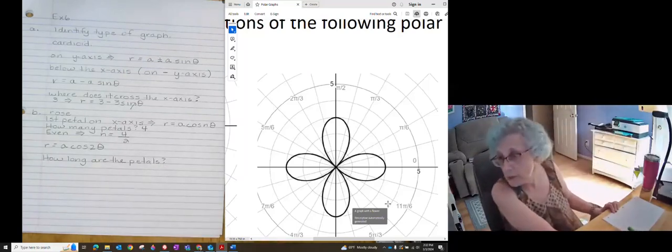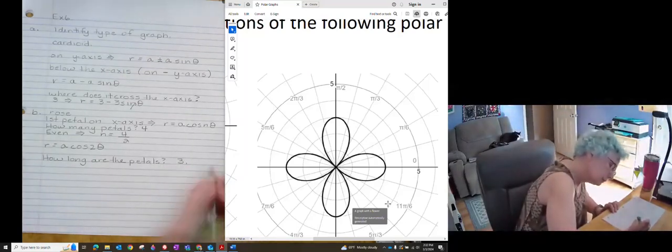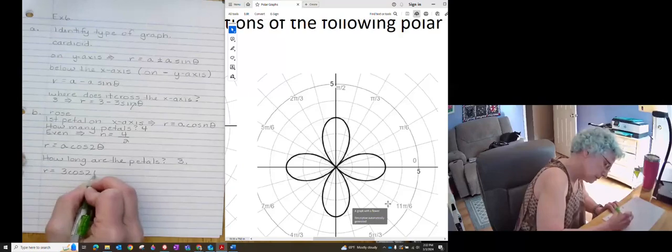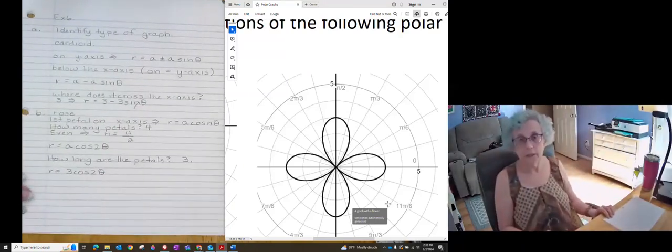They are 1, 2, 3 units long. So r equals 3 cosine 2 theta.